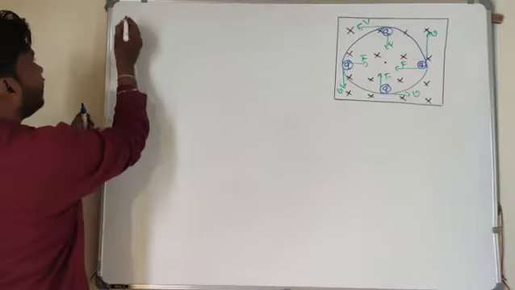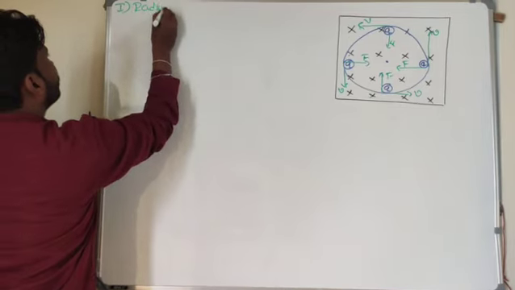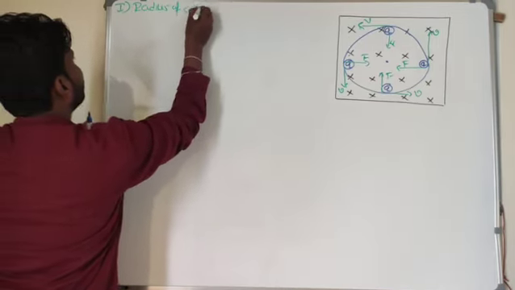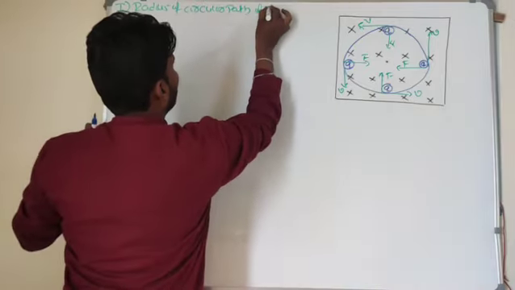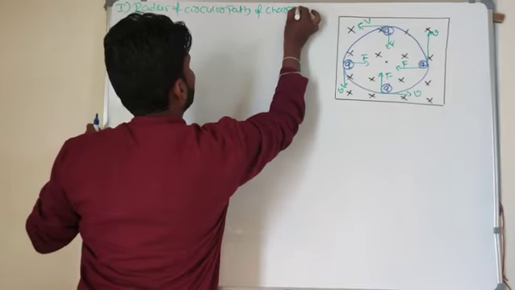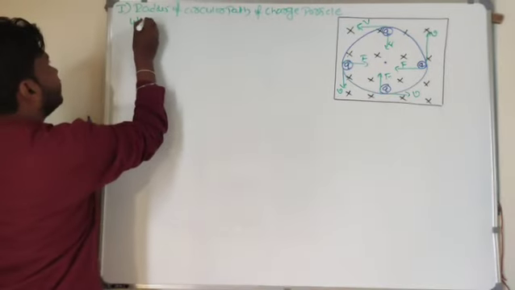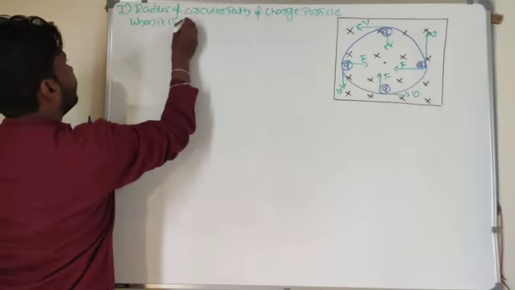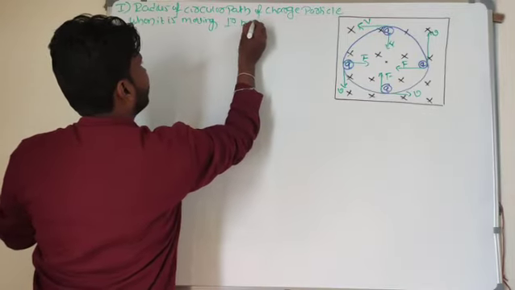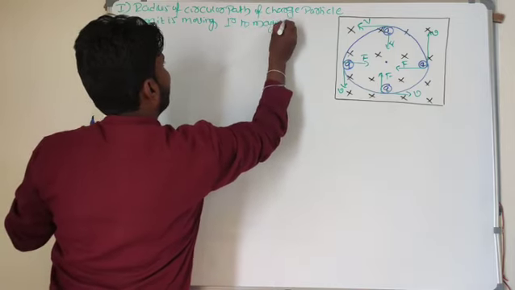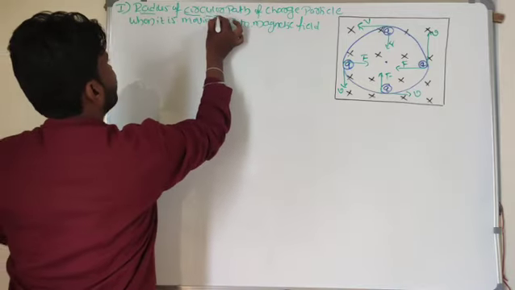I want to find out the radius of the circular path of a charged particle when it is moving perpendicular to the magnetic field. So this is very much important for a 3 marks question.